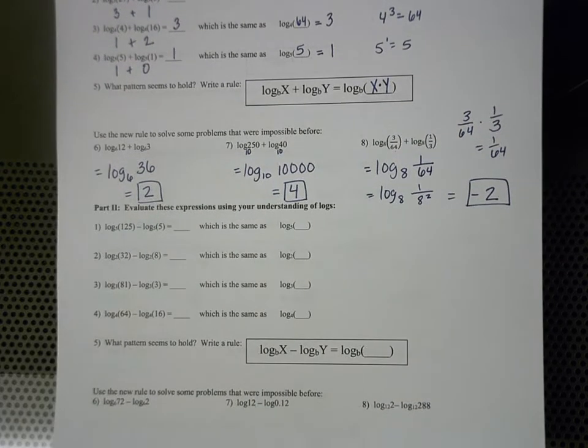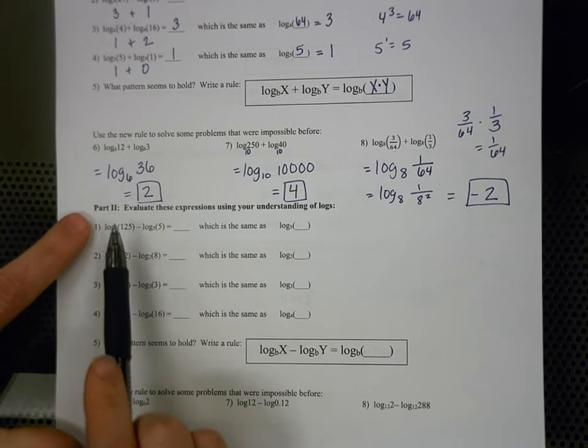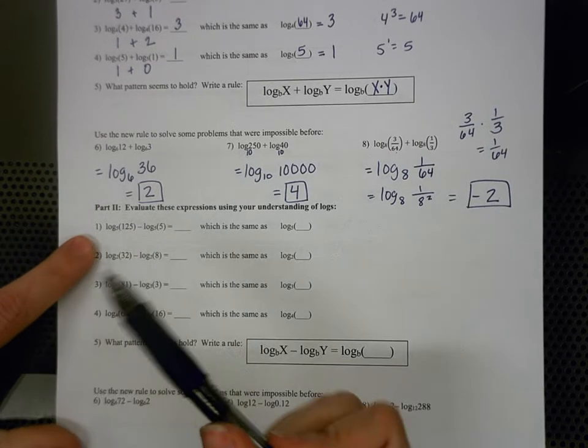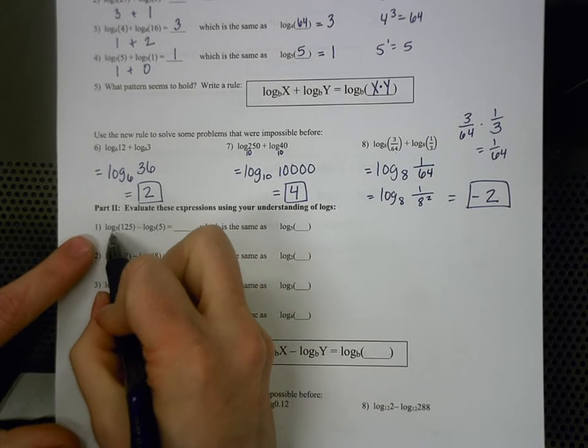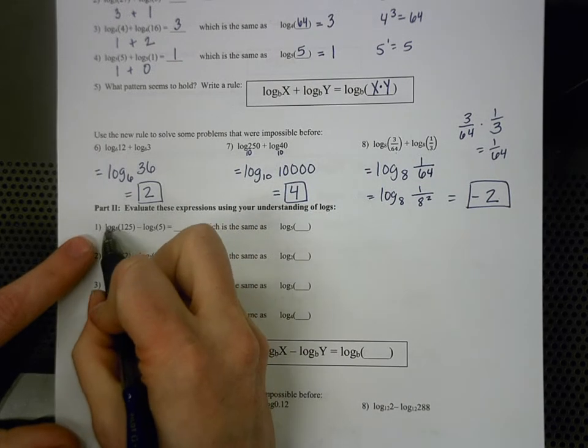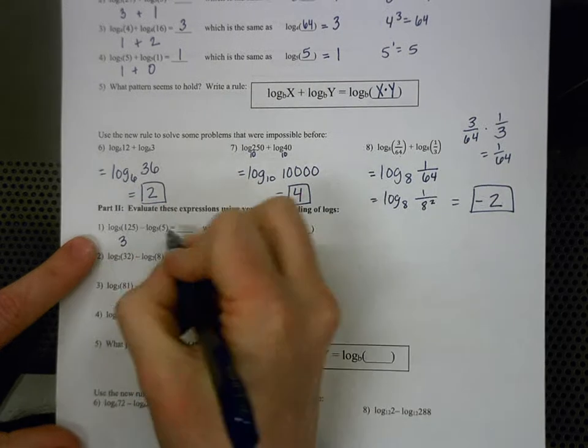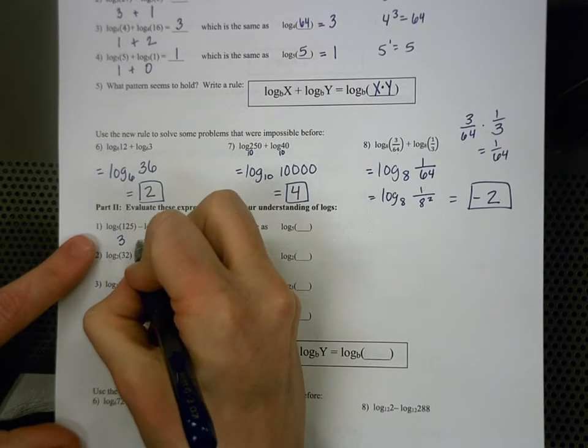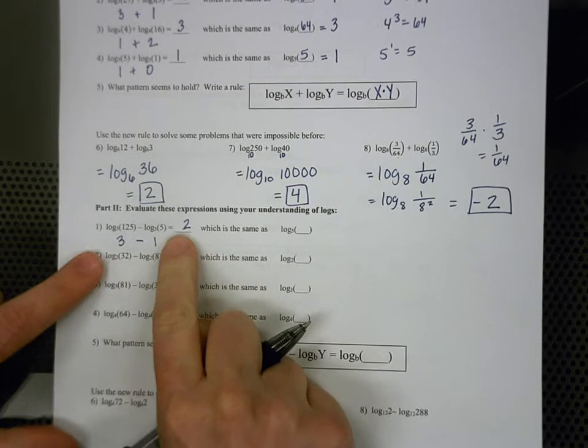All right, so what you're going to do is what we did in part 1, but you're going to finish it for the rest of the assignment. So part 2 is just subtraction. You're going to figure out what 5 to what power gives you 125, 5 to what power gives you 5, and then you're going to subtract them.